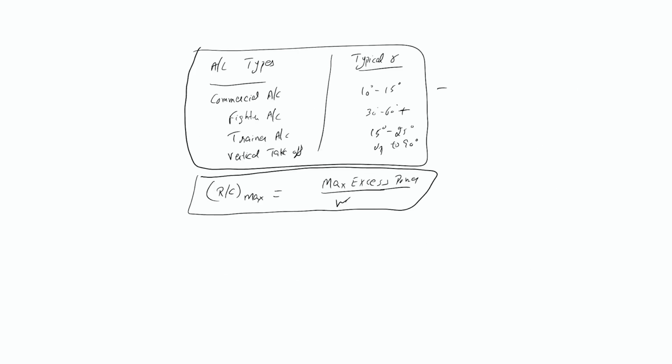So let me plot the curves here. That is the power, this is the velocity. This is the power required, and this is the maximum power available.